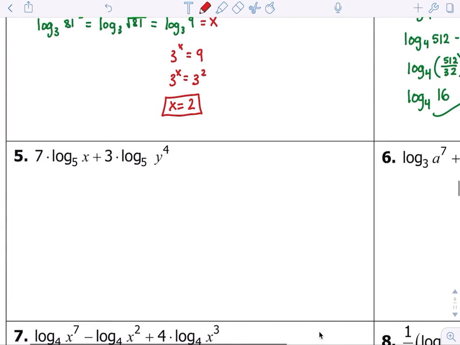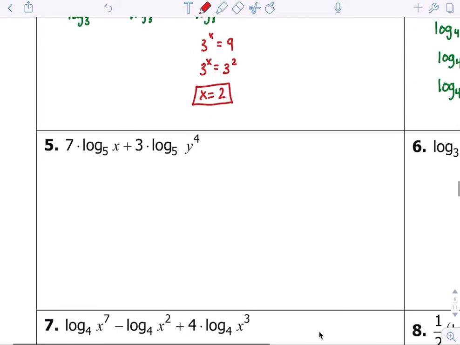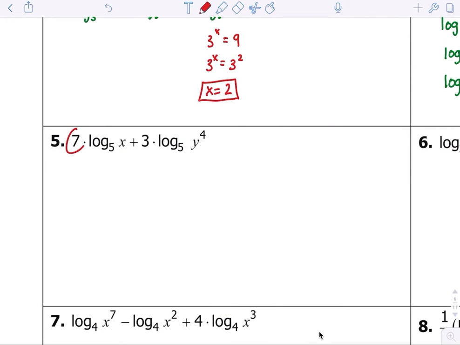Okay, over here. All right, so change this so that these are not there anymore. So using power rule, we're going to have log base 5 of x to the 7th power plus log base 5 of y to the 12th.